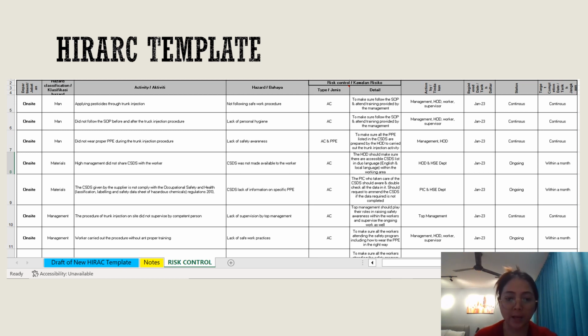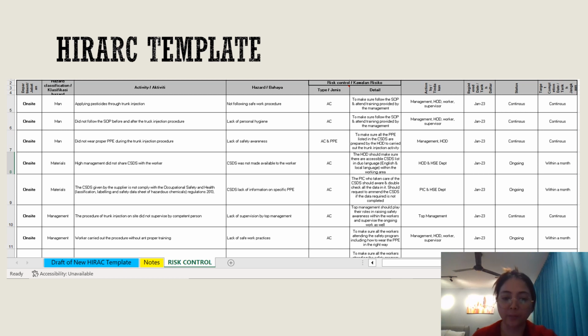We also put the type of hazard. For example, the hazard they face when applying the pesticide through trunk injection is not following the safe work procedure.